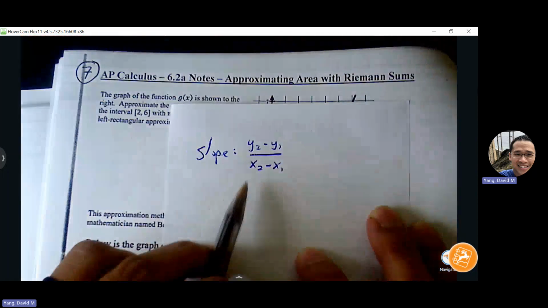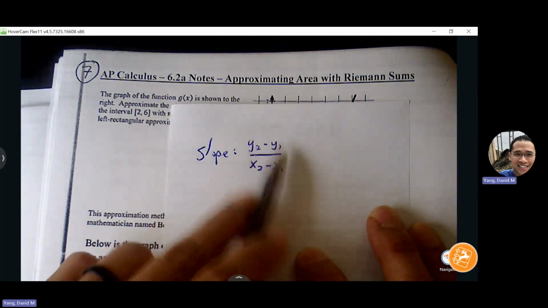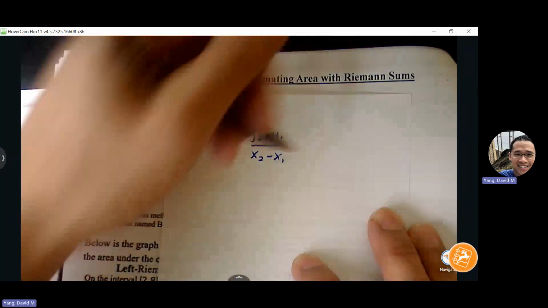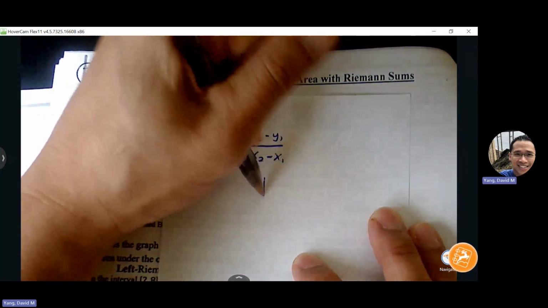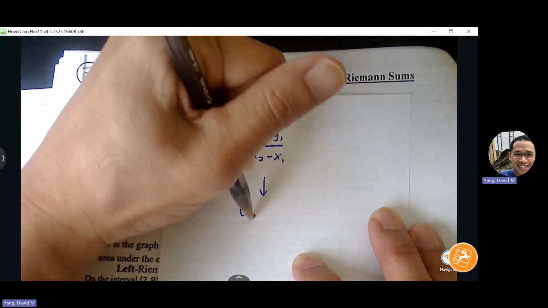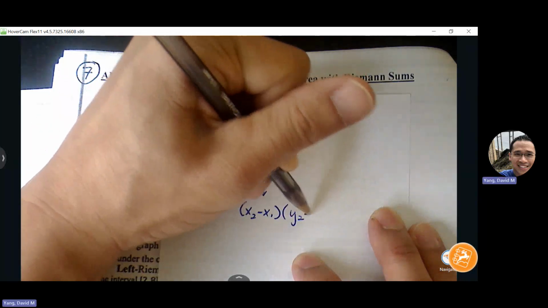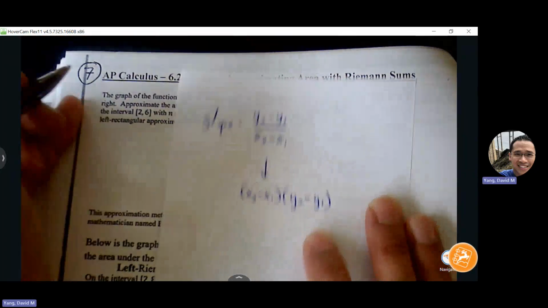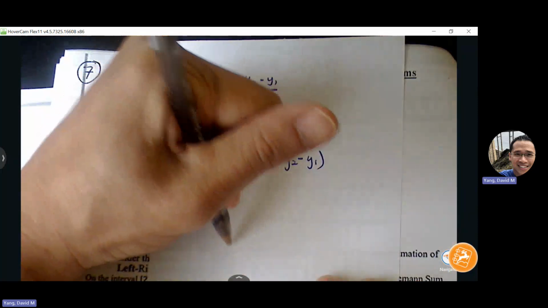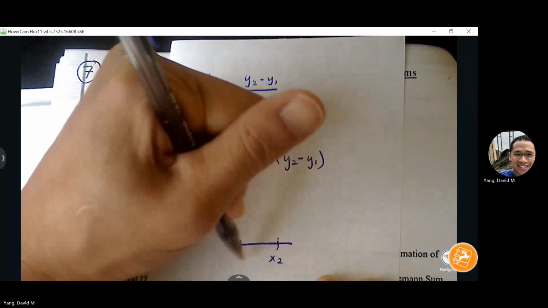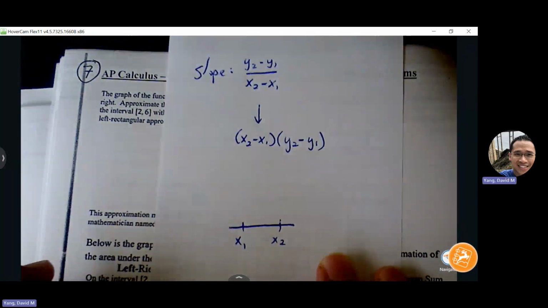Now, what is the inverse? This is division, right? What's the inverse procedure of division? Multiplication. So let's turn this into a multiplication expression, right? x2 minus x1 times y2 minus y1. If you think about what that really means, x2 minus x1 is just some horizontal distance.